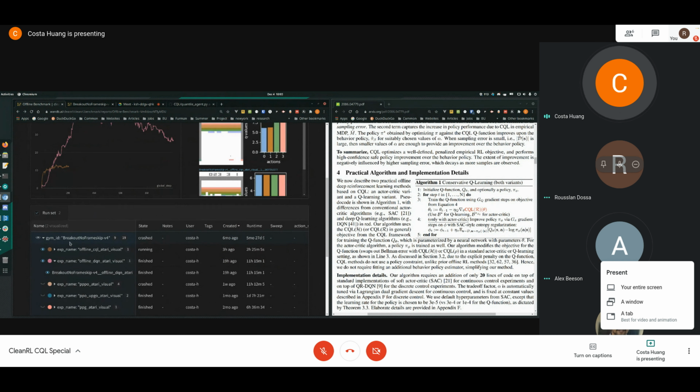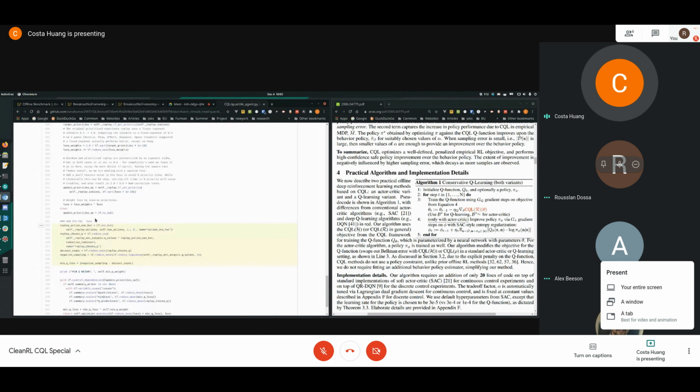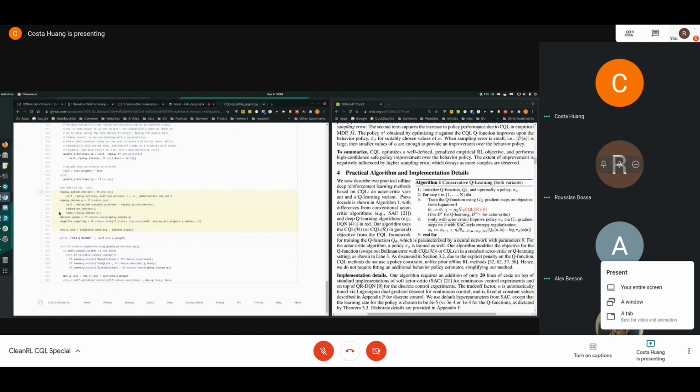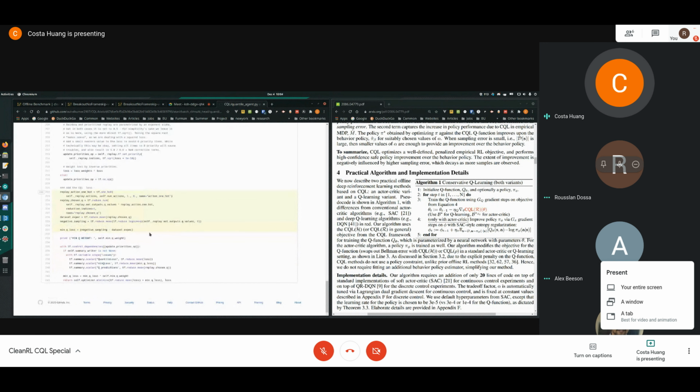And lastly, I tried it with CQL. I'm looking at the code from CQL. They're using a quantile distribution agent, so not exactly DQN, but they essentially calculate the loss, and then they add the CQL loss to the quantile DQN loss.